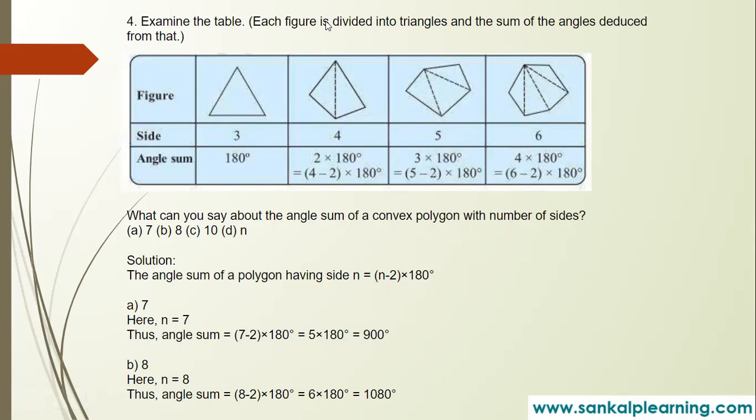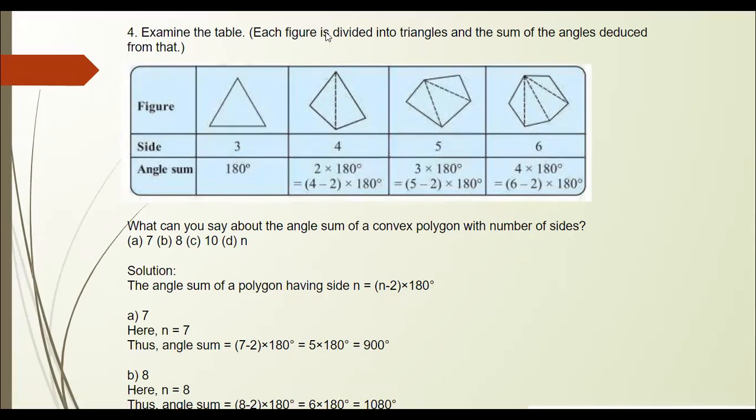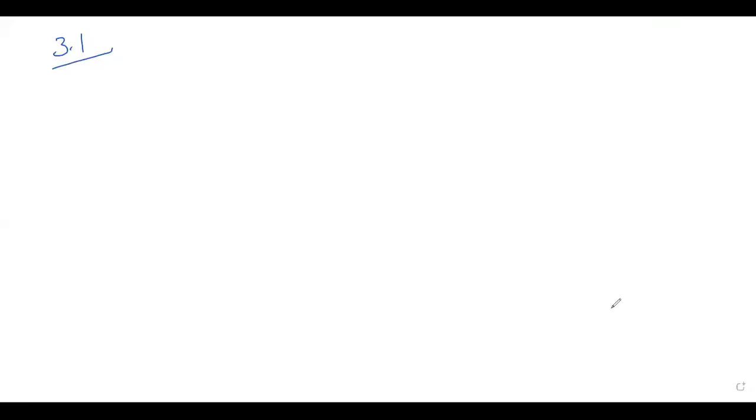I'll show you how to find it. This is the fourth one. The first one they have given is 7, right? So what is the formula? We know that n minus 2 into 180, right? This is the general formula.